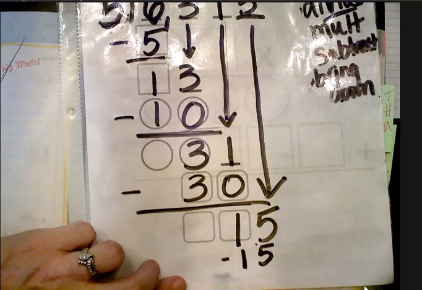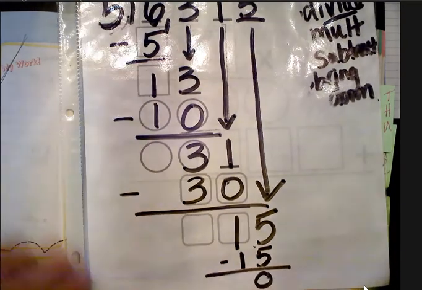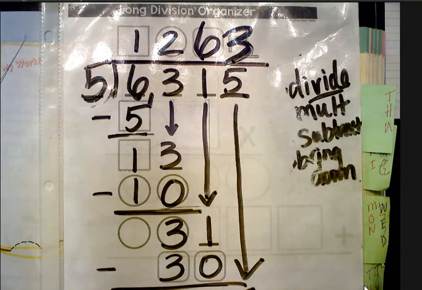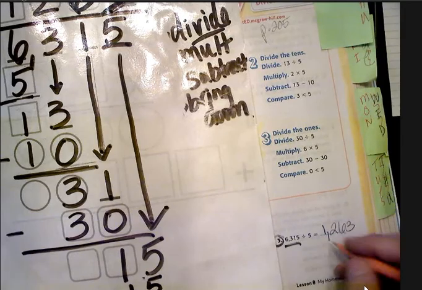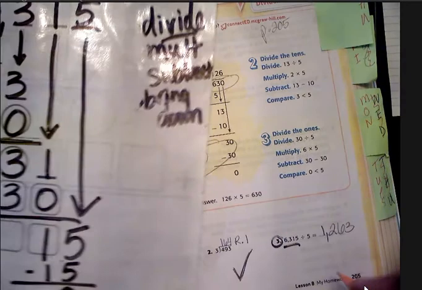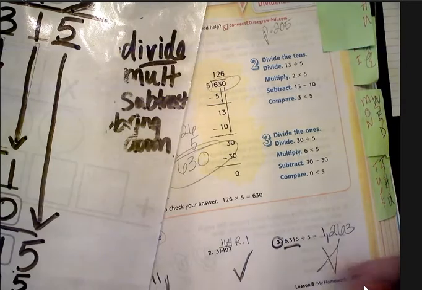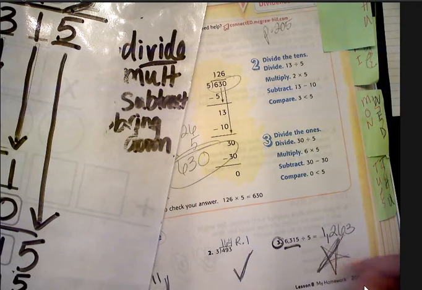Subtract, 15 minus 15 is 0. There is no remainder. My answer here is 1,263. I'm going to write that right in my book. And this time I'm going to give myself a star if I wrote it down on the whiteboard.